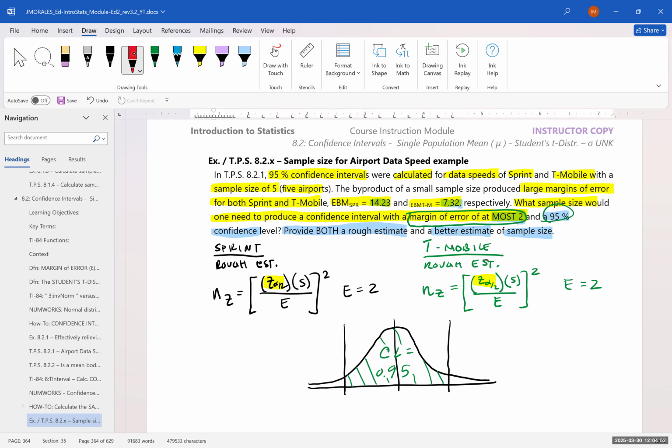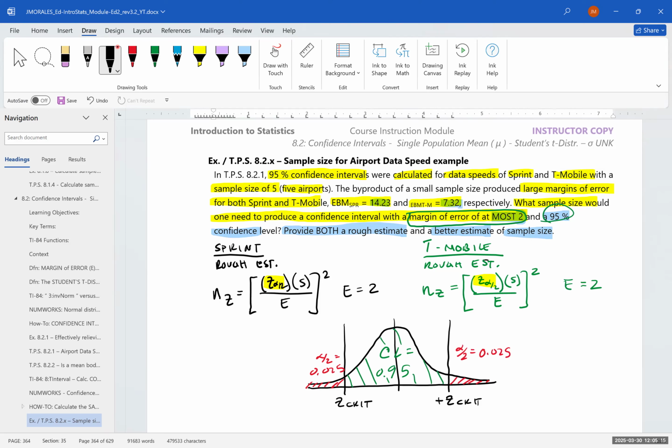And we're going to have a significance level divided by 2. So 0.05 divided by 2 is going to be 0.025 in each of these tails. And we want a z critical value.